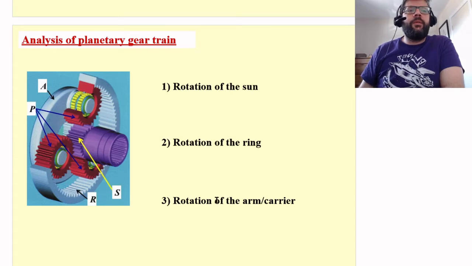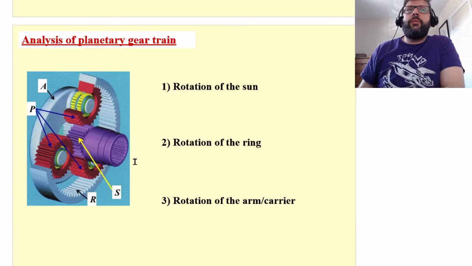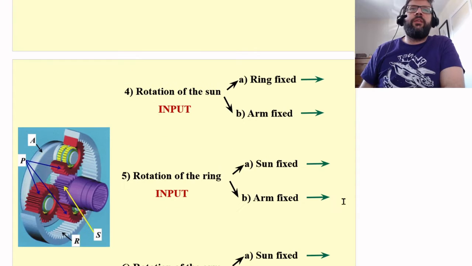And if we're applying an input and we want there to be some sort of output, we need to apply 2 inputs.